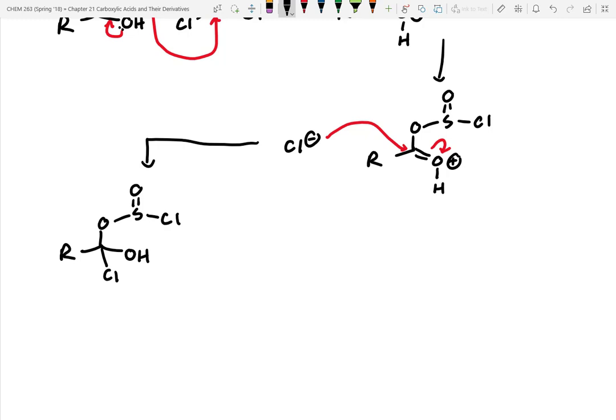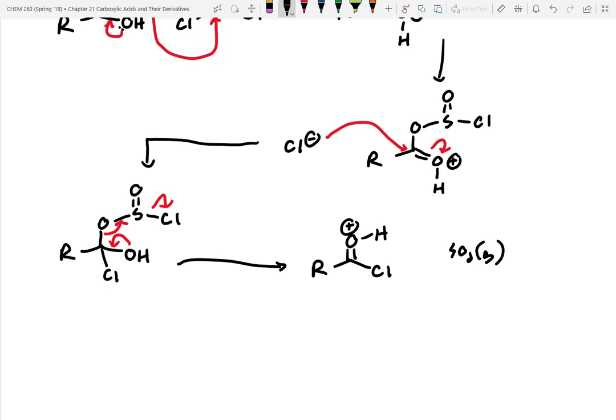Now in the next step, this oxygen's lone pair will clamp down. This bond will break, slide over like that, and we'll eject off the chlorine. So now we've got our parent group. We formed SO2 gas in the process.